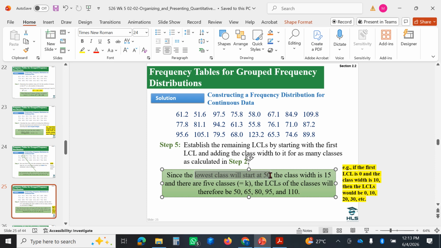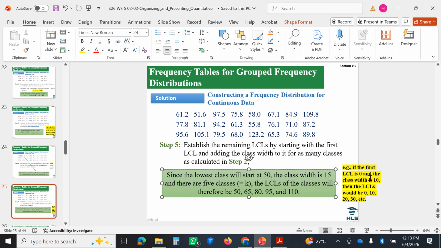Since the lowest class will start at 50, the class width is 15, and there are 5 classes, equal to K, the lower class limits will therefore be 50, 65, 80, 95, and 110. It may not make sense right now, but just remember your lower class limits and that you have 5 classes. You'll see it all when we put it in tabulated form.